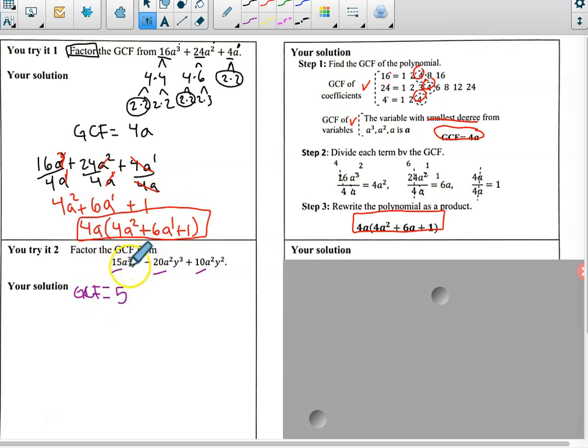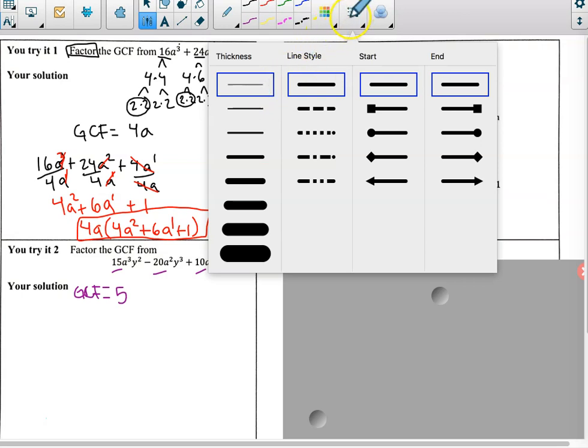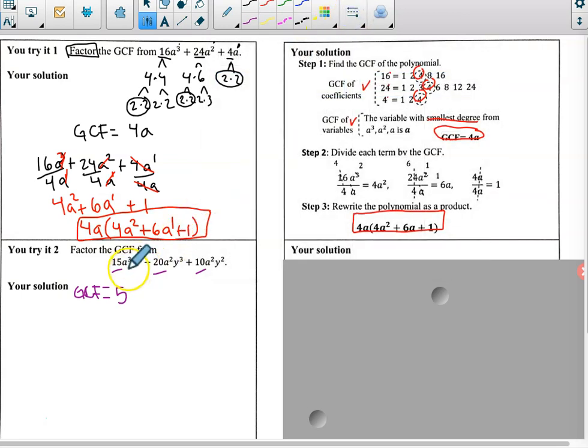Now for the variables, let's first look at a. For the variables, we have a to the third power, a squared, and a squared. Let's go with the smallest exponent, which is a squared.